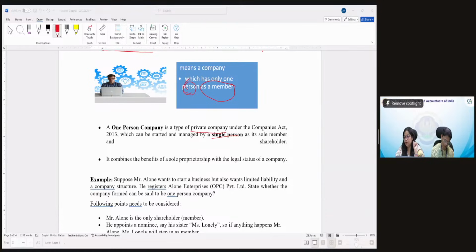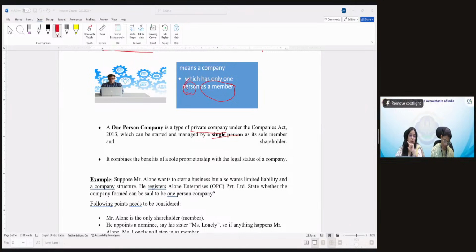Every form of company had perpetual succession. That means the members and shareholders may come and go, but because it was a separate legal entity, the company form of business will keep on going.